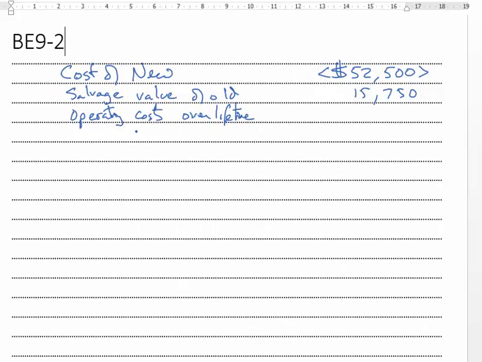So operating costs over lifetime, $26,250 minus $12,250 times 5 years. That's $14,000 per year times 5 years, $70,000. And I think that's it.